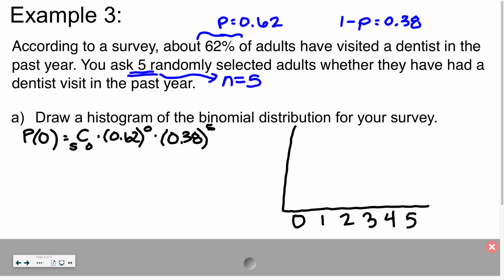Now type that in, because I'm going to teach you how to go back on your calculators so that we don't have to keep typing in everything. I'm getting about 0.008.